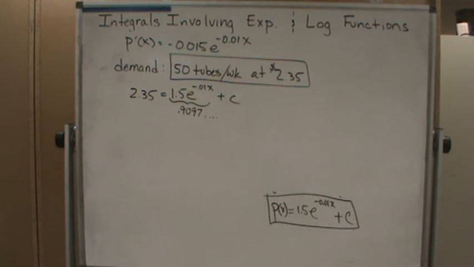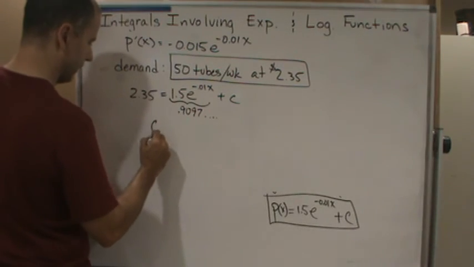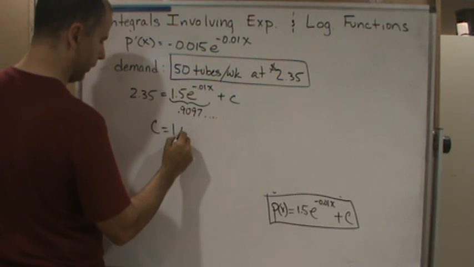If I subtract that amount, I get 1.44. So c equals approximately 1.44.